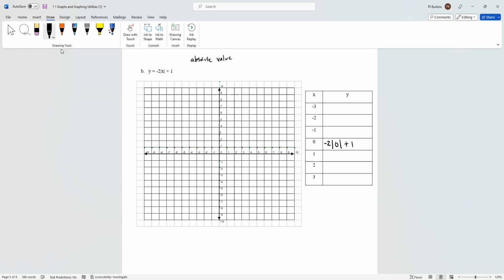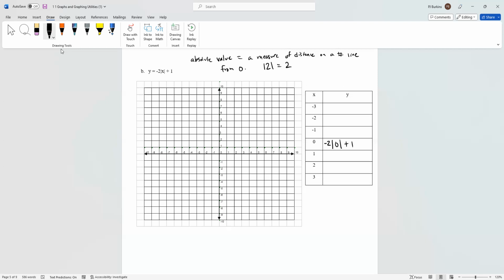So the absolute value is really a measure of distance on a number line from 0. So for instance, the absolute value of 2 is 2.